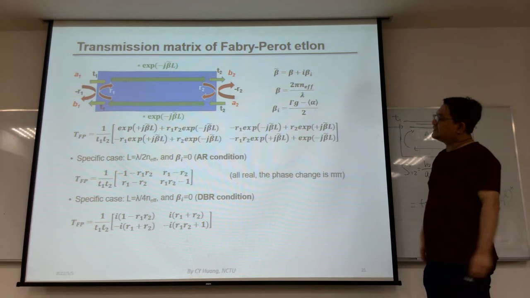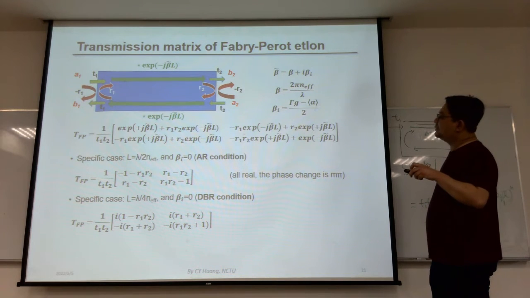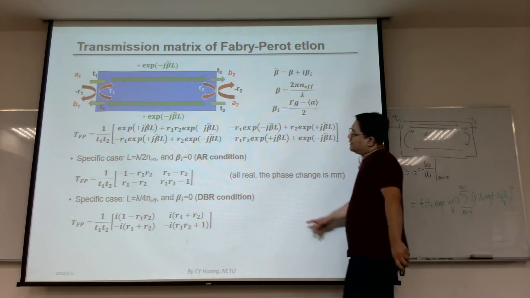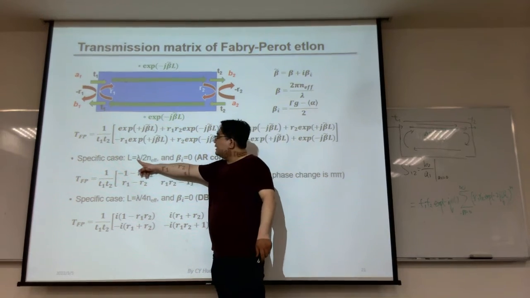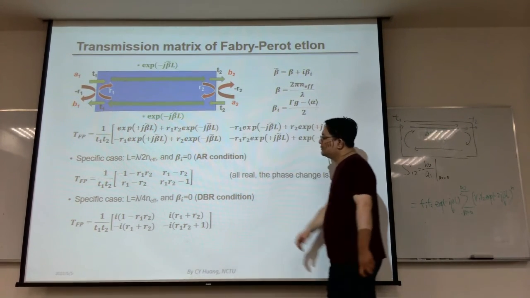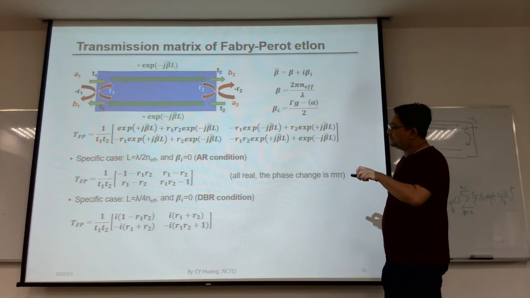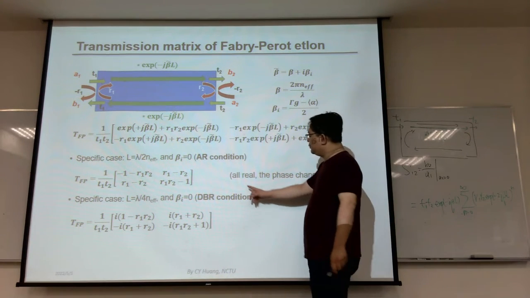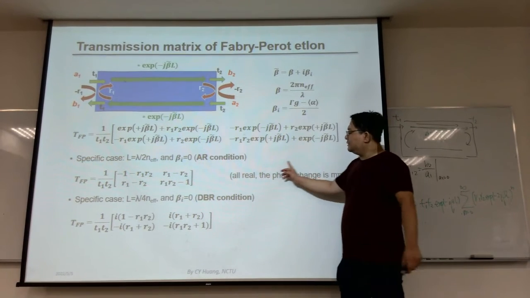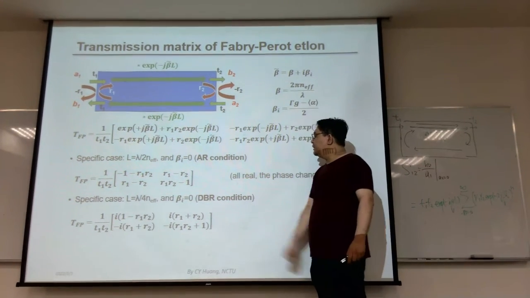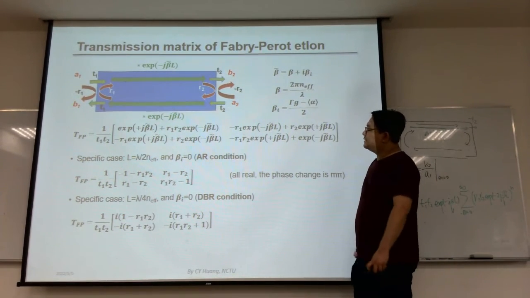But we can still see the special cases. The first is that L is equal to lambda over 2n. Then beta L reduces, and it becomes a real matrix with no phase delay.